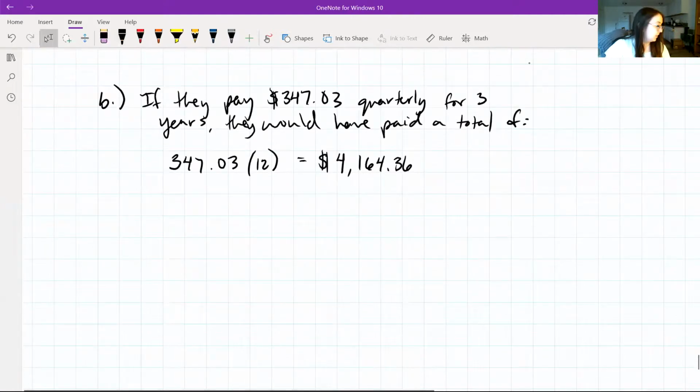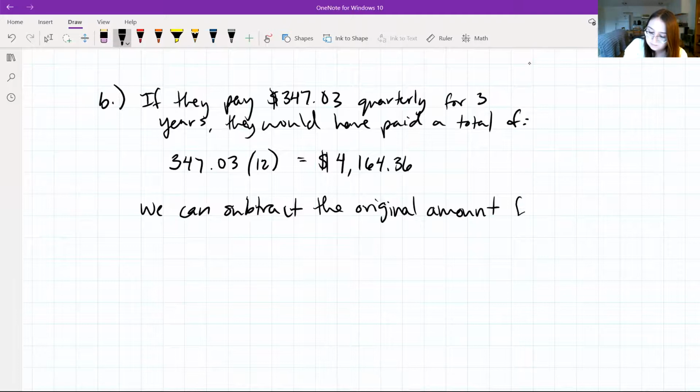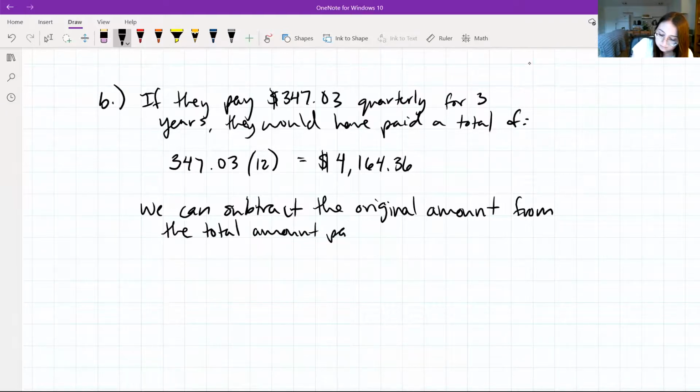So to find our total interest, we can subtract the original amount from the total amount paid to find the total interest paid.